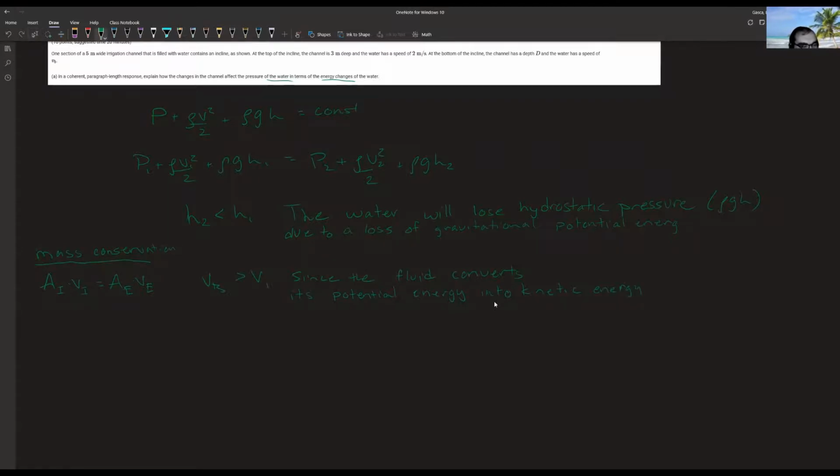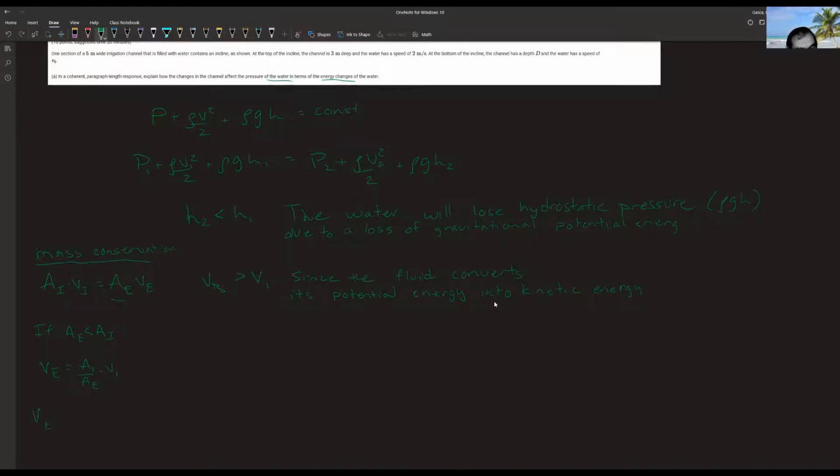On top of that, if the exit area is less than the inlet area, then the exit velocity, which would be given by the inlet area over the exit area times V1, this ratio would be greater than 1.